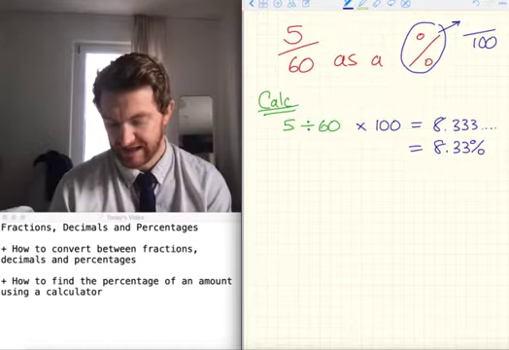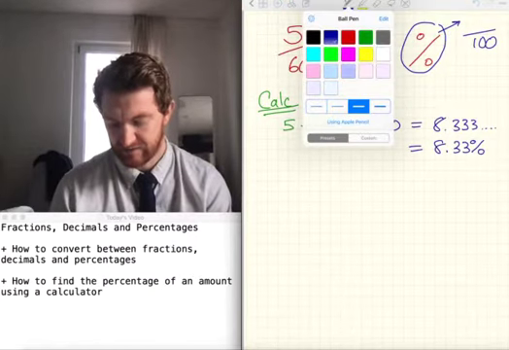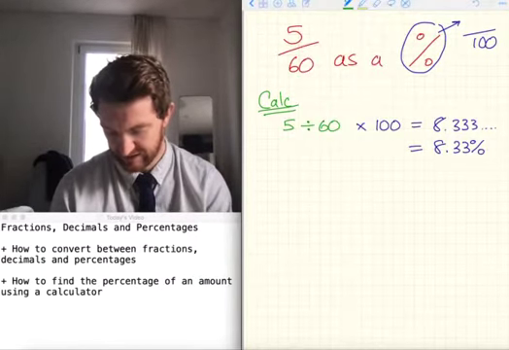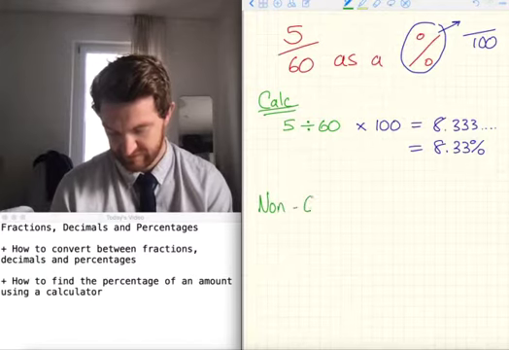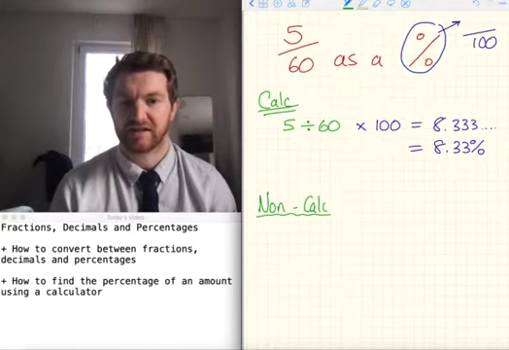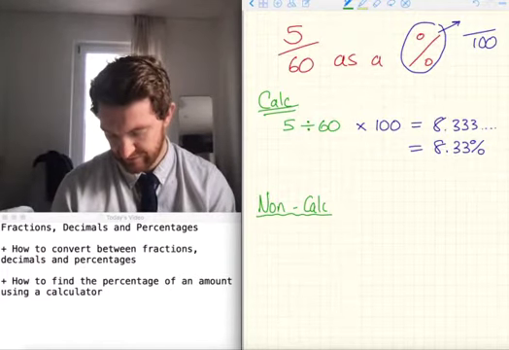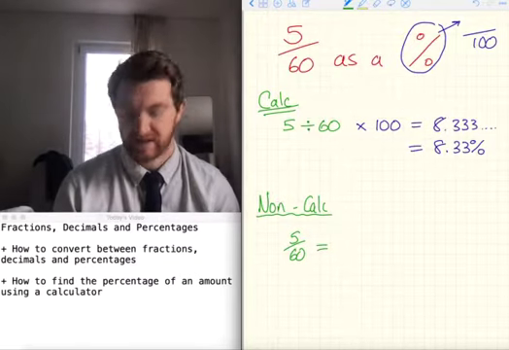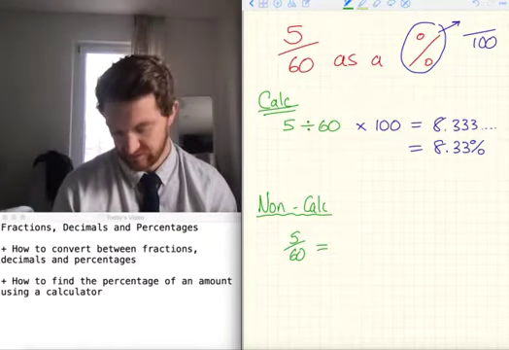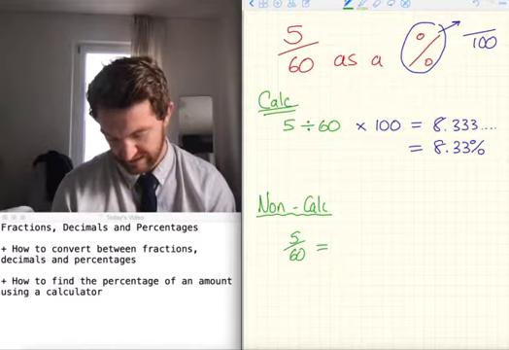If you were to do this as a fraction without a calculator, it's a little bit harder. And don't worry, you're not going to get any of this challenging today without a calculator. So you'd say, okay, I'm going to do 5/60 again, and I'm going to try to make this into something which can go into 100. I might try, let's say, 10.